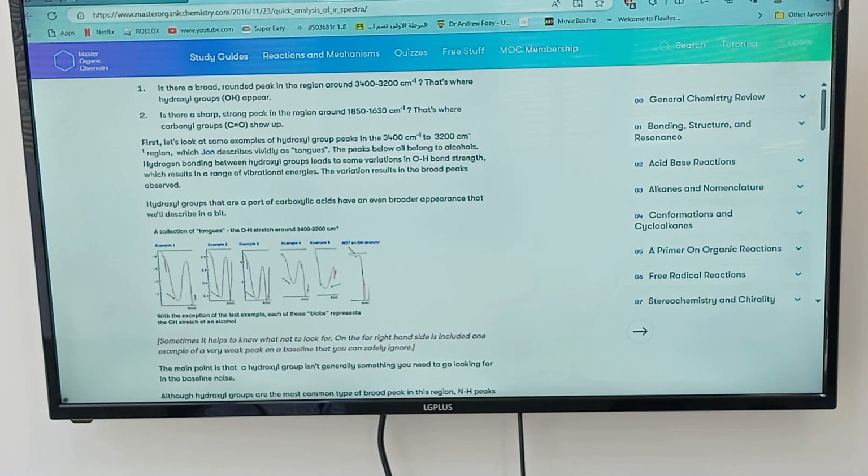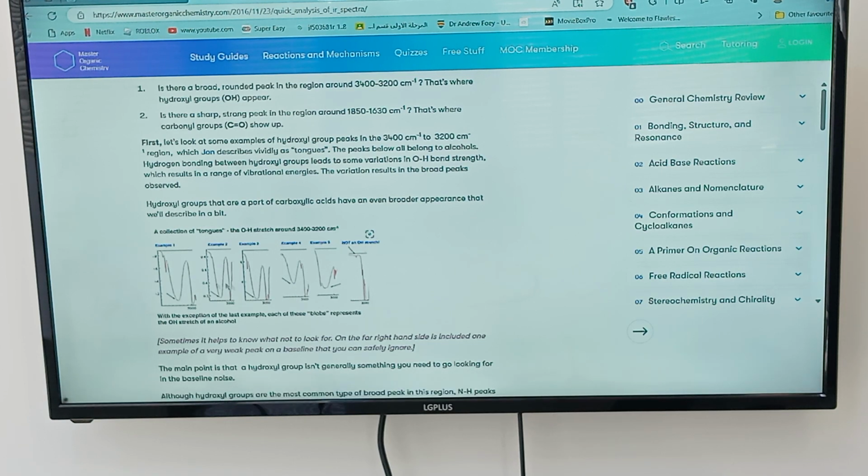The peaks below all belong to alcohols. Hydrogen bonding between hydroxyl groups leads to some variations in oxygen-hydrogen bond strength, which results in a range of vibration energies. The variation results in the broadened peaks observed. Hydroxyl groups that are part of carboxylic acids have an even broader appearance that we will describe in a bit.